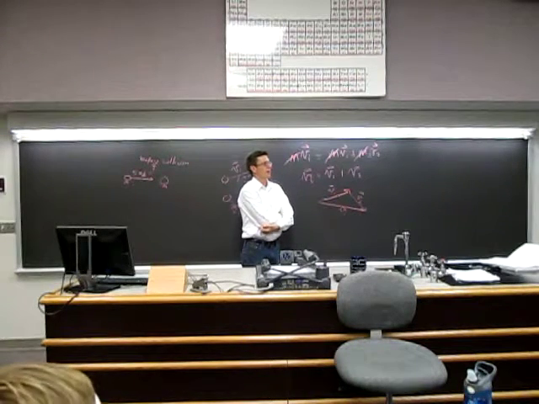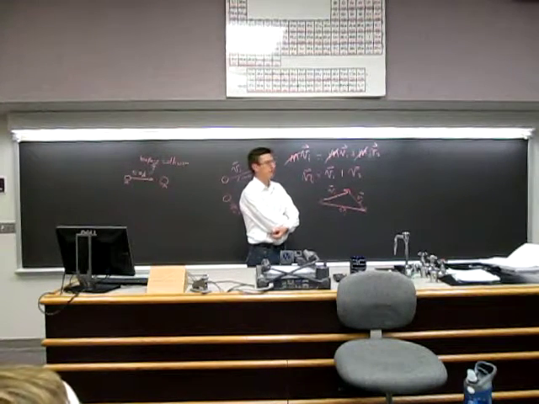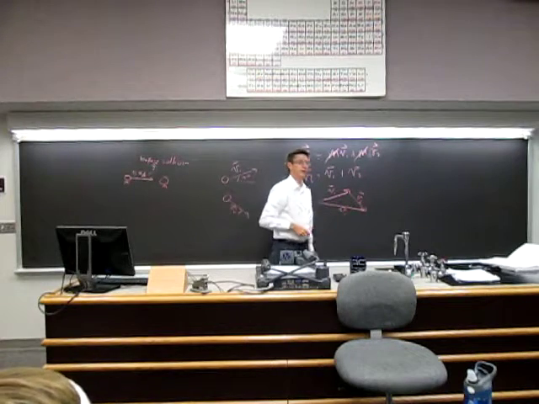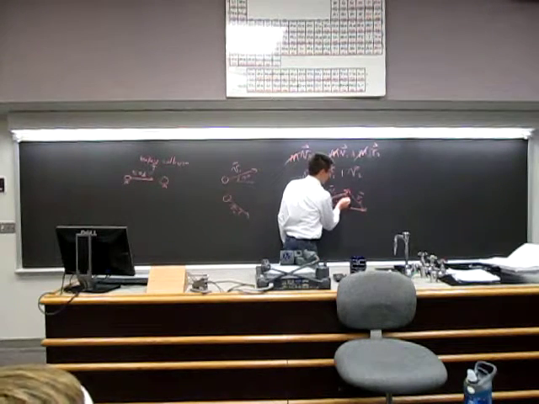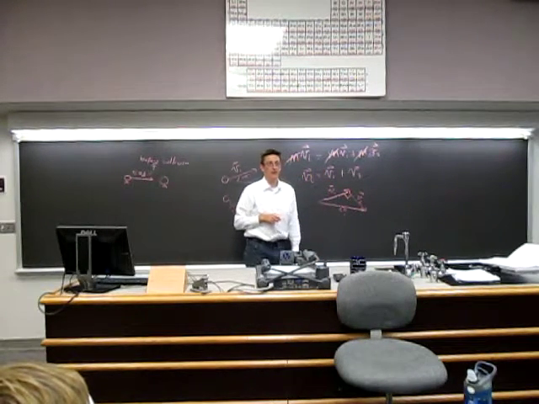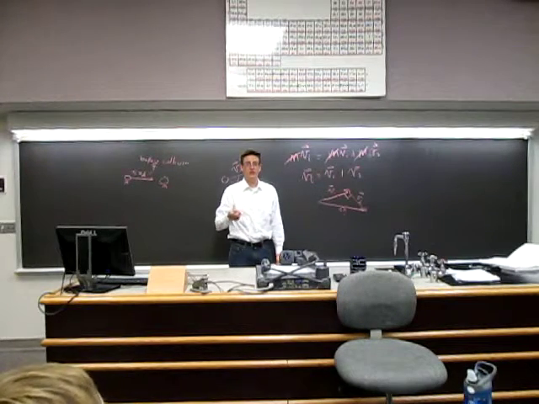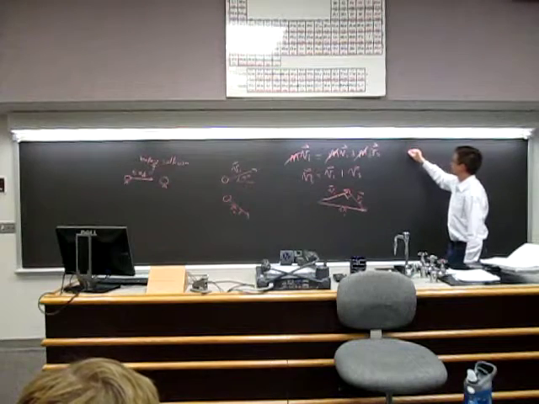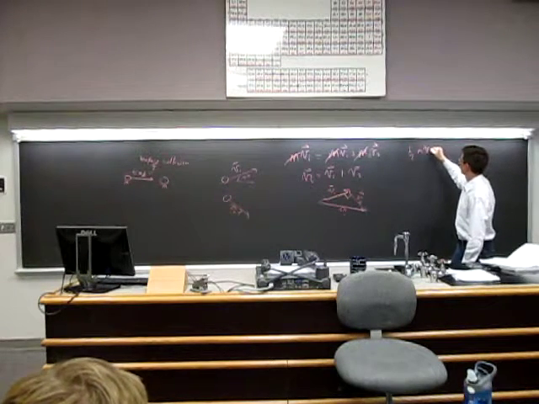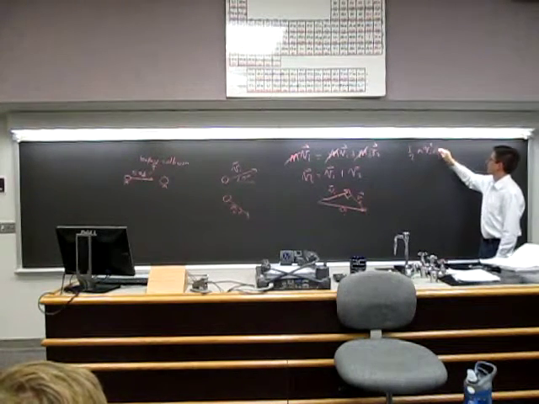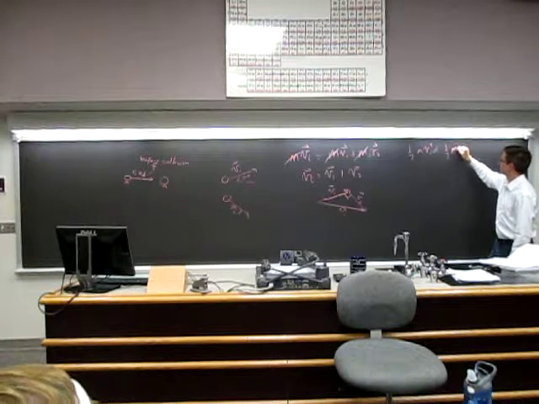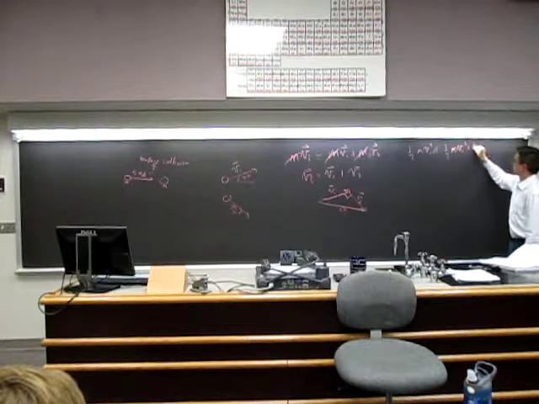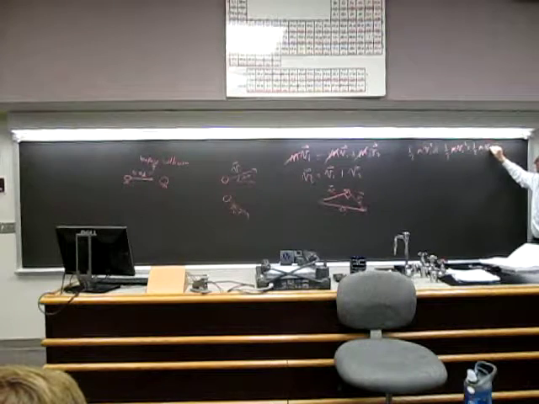And then we said that if it's an elastic collision, what's the angle between V1 and V2? 90 degrees. So that's a 90-degree angle if it's an elastic collision. That's because kinetic energy is conserved, so 1/2 M V initial squared is equal to 1/2 M V1 squared plus 1/2 M V2 squared.